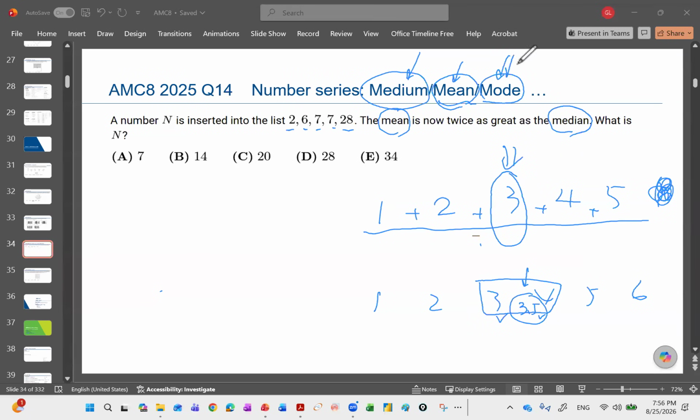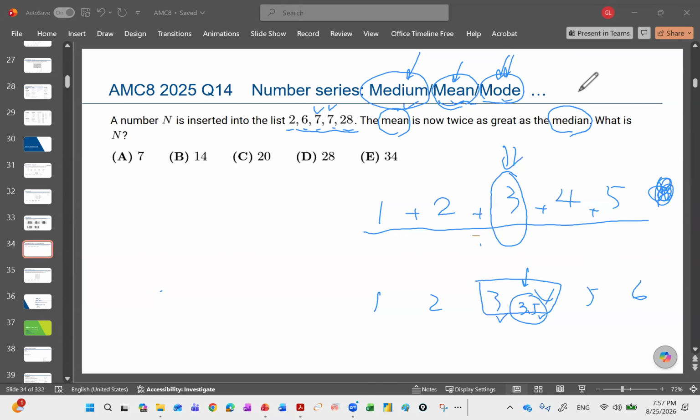What's the mode? In some series, you can see the number 7 shows up twice. The most frequent number is the mode, like here it is 7. But here, the mode isn't used in this question. I just wanted to give you a basic meaning of mean, median, and mode.